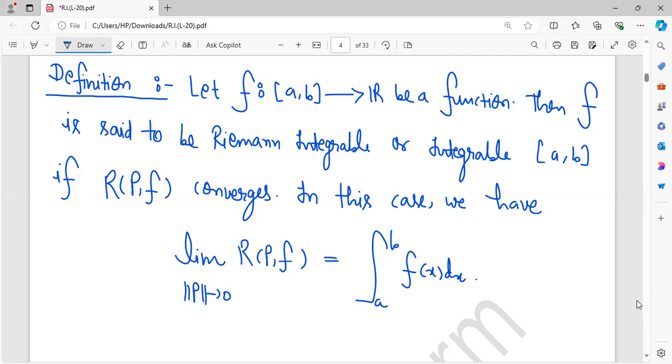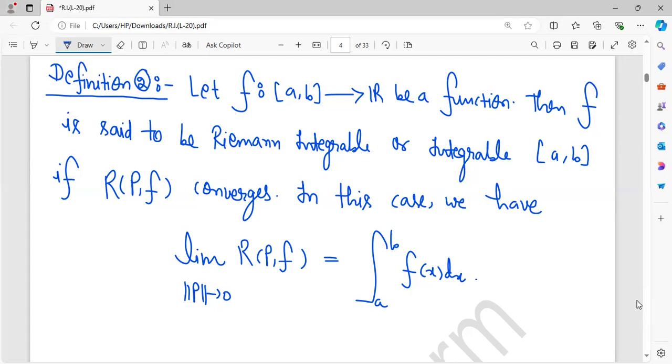But we have already given a definition of Riemann integrable function. What was that definition? That was for bounded functions. That definition said that if the lower integral and upper integral are equal, then the function is Riemann integrable. So we are calling this definition 2, because we are defining another definition.